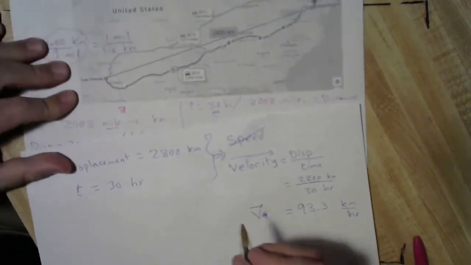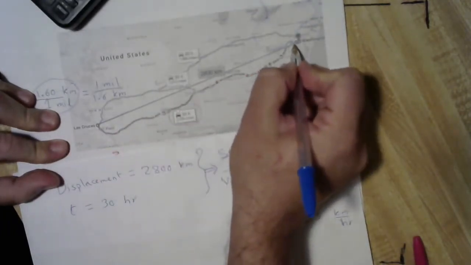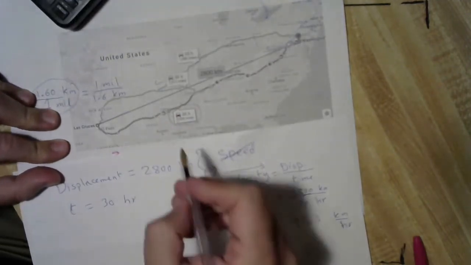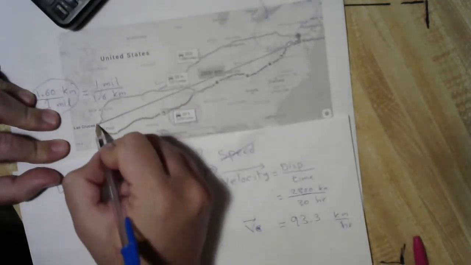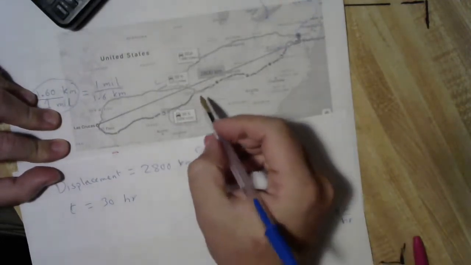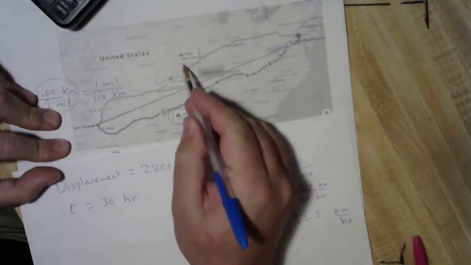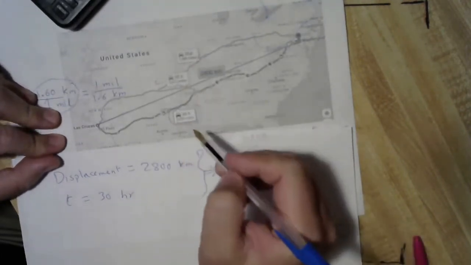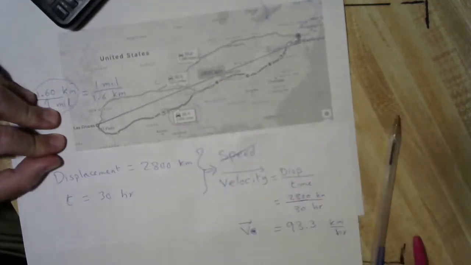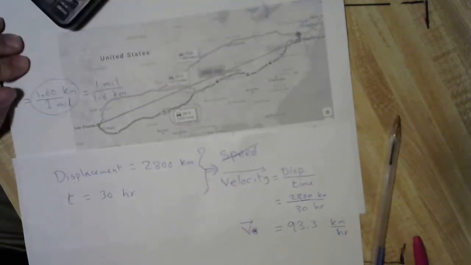If I need to calculate the velocity through this straight line, which is a vector, which is a displacement, not a distance. I have many distances, but I have just one displacement. Please calculate the distances in kilometers, and you can calculate also the speed and recalculate the velocity through this straight track. Thank you.